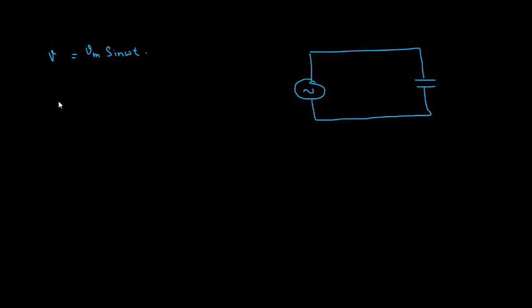Now the potential difference across the capacitor is Q/C, and this we have learned in the electrostatics chapter. This is given as 7.15 in the book.